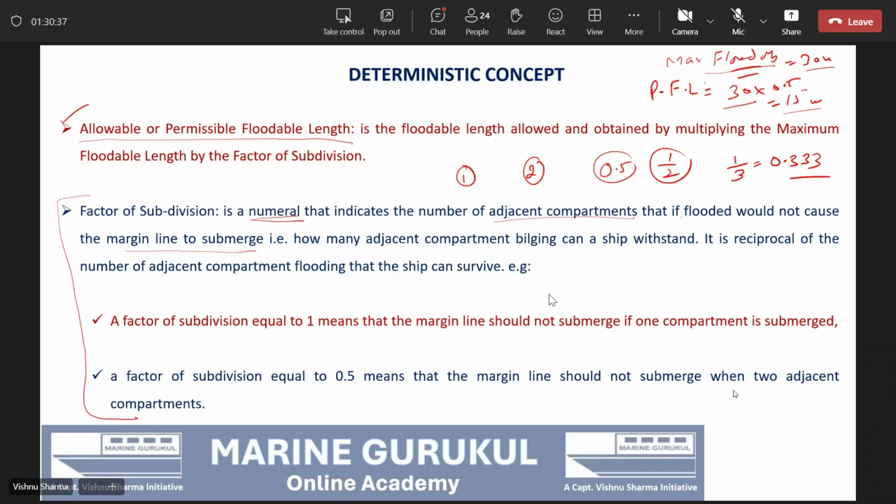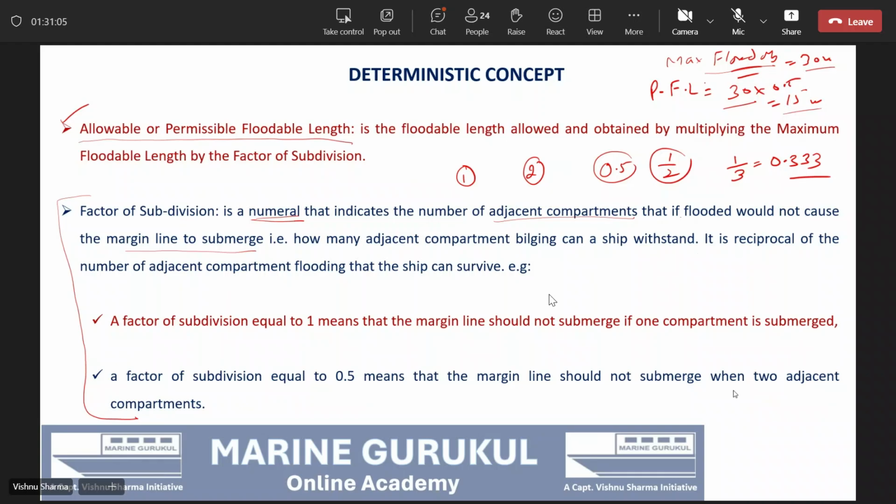For example, in the deterministic method, whether the ship is single hull or double hull, whether the ship has single bottom or double bottom, the length still got fixed. We all know that if you have a double hull tanker, the chances of the cargo compartment getting damaged are much lesser compared to a single hull ship.